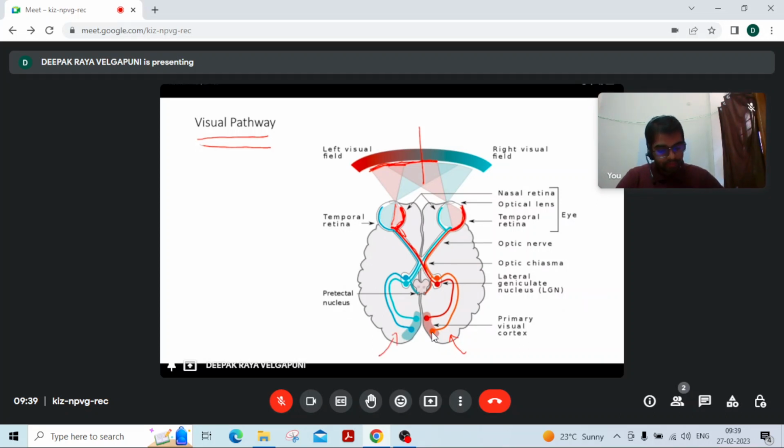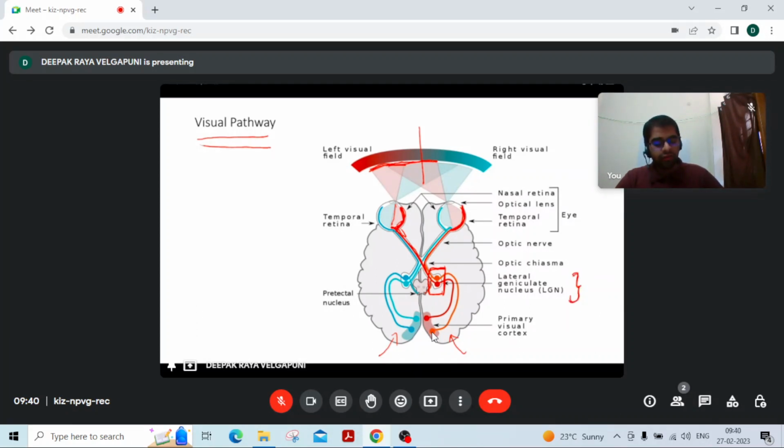So the left visual field is being projected onto the right hemisphere, and here you have a very important part called the thalamus, and the main nucleus in the thalamus involved in visual processing is called the lateral geniculate nucleus.